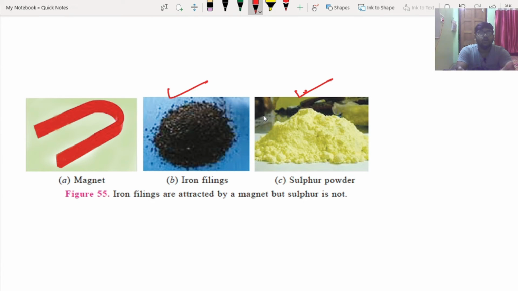The iron filings will be attracted by the magnet and the sulfur powder will be left over. In this way, by using a magnet, we can separate the components of the mixture of iron filings and sulfur powder, right?